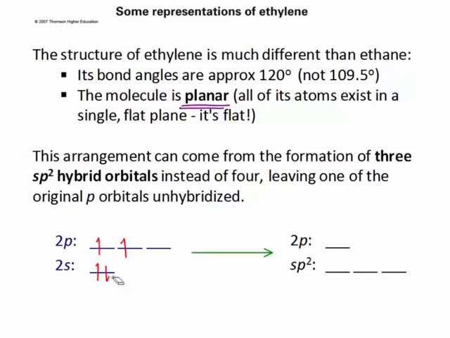And you could pretend if one of these from s was promoted to a p or whatever. It doesn't really matter. But what happens is that now I'm going to mix together the central s orbital and 2 of the p orbitals, but I'm going to leave 1 p unhybridized.